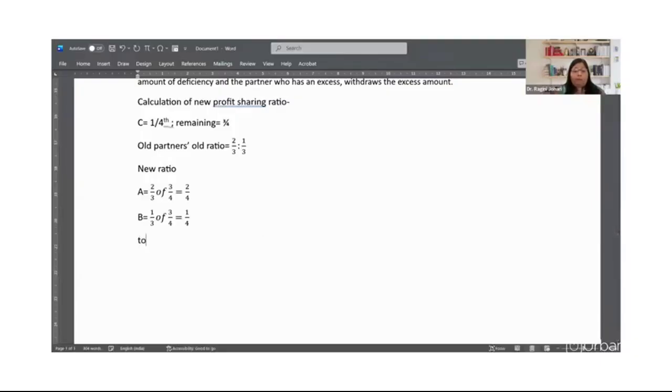So the total capital on the basis of his capital and profit share will be 20,000 multiplied by 4/1, reversing his profit sharing ratio, and we get 80,000. So according to the capital C is bringing and his profit share, the total capital of the firm should be 80,000.